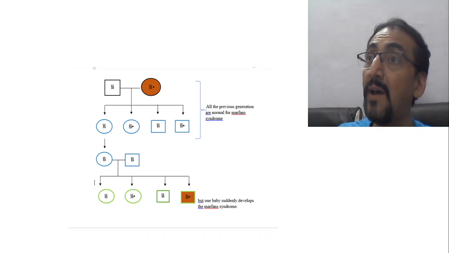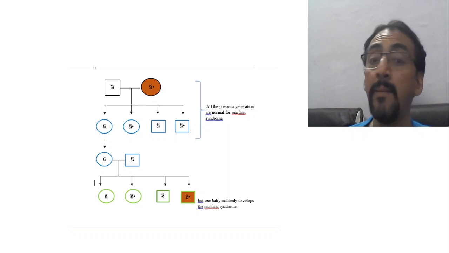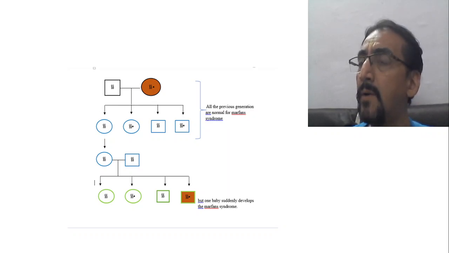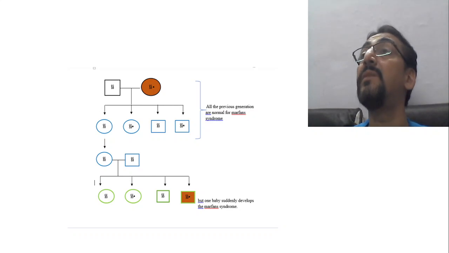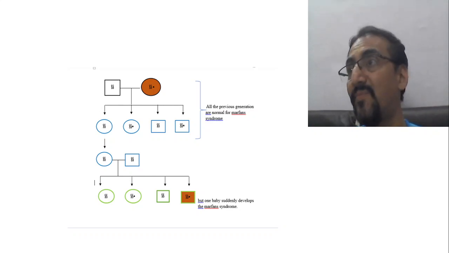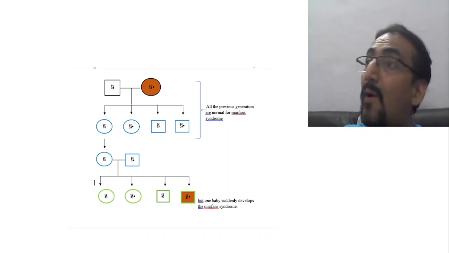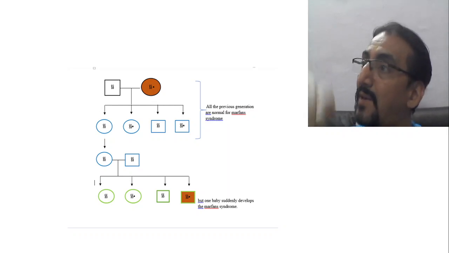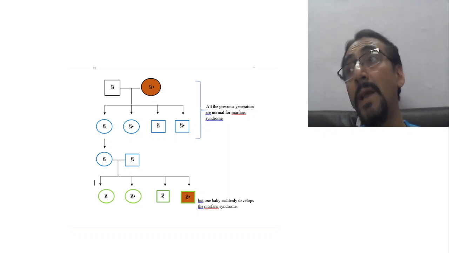But when these parents mate, the male gamete and female gamete which come together, probably from one gamete, say the female gamete, the gene located on chromosome number 15 has undergone some mutation, some change, and that leads to the disease. It is not happening in all the gametes, or every time. It is not happening in the other gametes, so the other kids are normal. Only this kid has the problem. That is how you have to identify mutation cases.